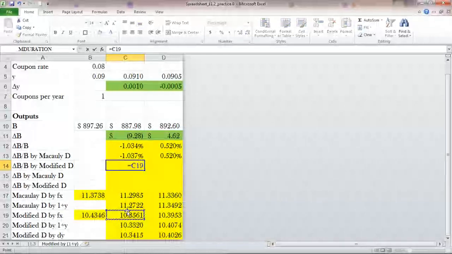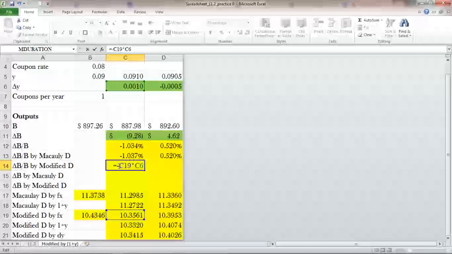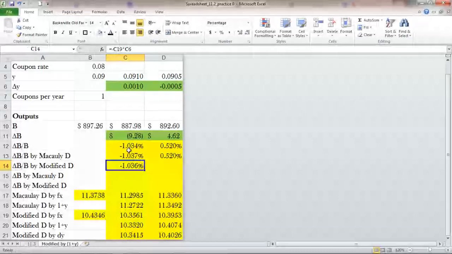Modified duration times change in y. Change in y is here. Of course, you should not forget putting a minus sign there. So yeah, it's quite close.